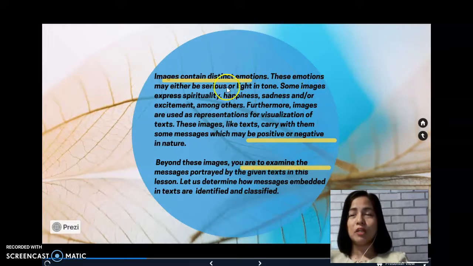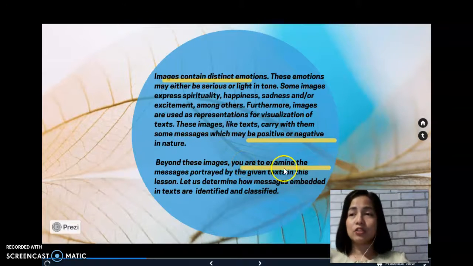These emotions may either be serious or light in tone. Some images express spirituality, happiness, sadness, or excitement. Furthermore, they are used as representations for visualization of text. These images, like text, carry with them some messages which may be positive or negative in nature.